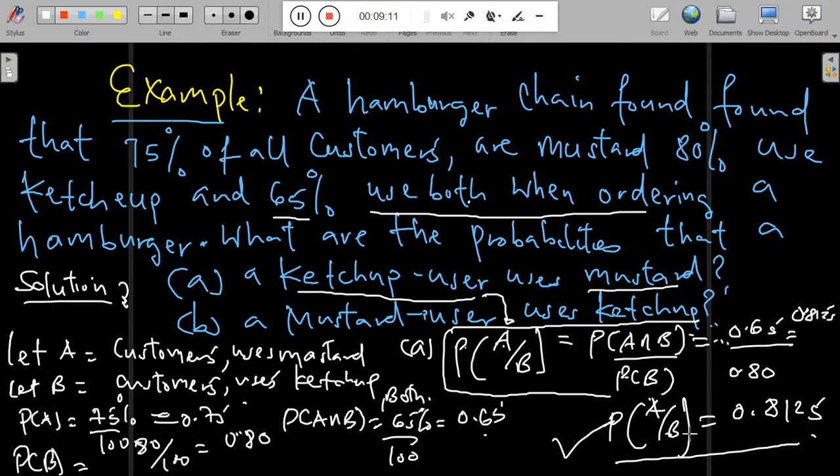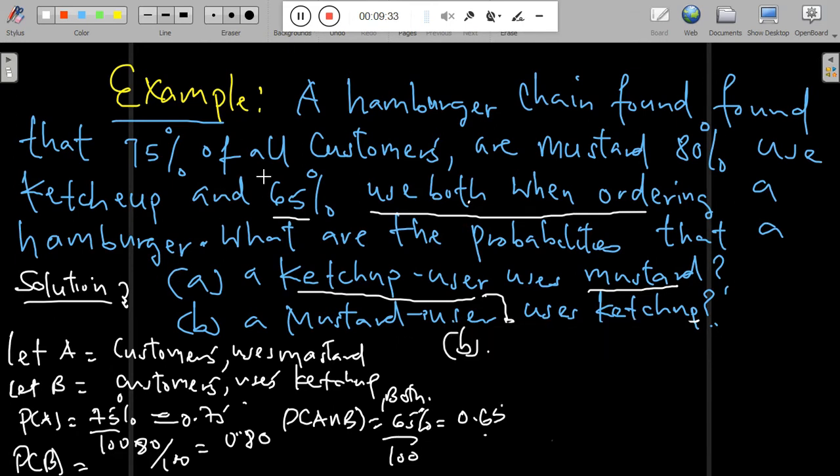So P(A|B) equals 0.8125, which is the required probability. That is part A: the probability that a ketchup user uses mustard is 0.8125. Now let's find part B.